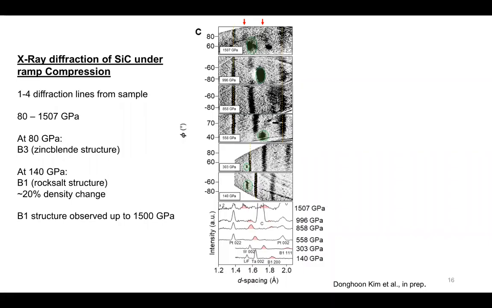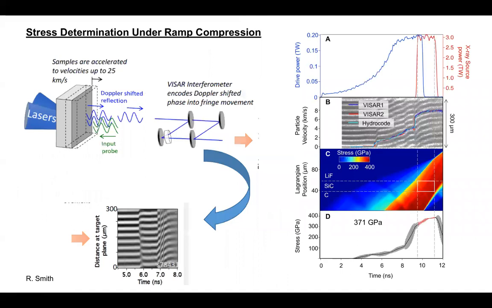The other thing we have to do is stress determination. For that, a line imaging velocity interferometer system known as VISAR is used. That will either measure the interface velocity between the sample and a lithium fluoride window if we're using lithium fluoride. If we're using diamond, instead we measure the free surface velocity of that diamond.